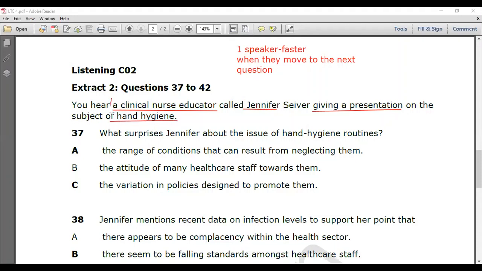So the word clinical nurse educator also tells you that this is going to be more of the implementation or the clinical aspect of hand hygiene rather than just the theory of it. And the whole presentation is about hand hygiene. So reading the context sentence gives out the main topic that they are going to discuss throughout this presentation.